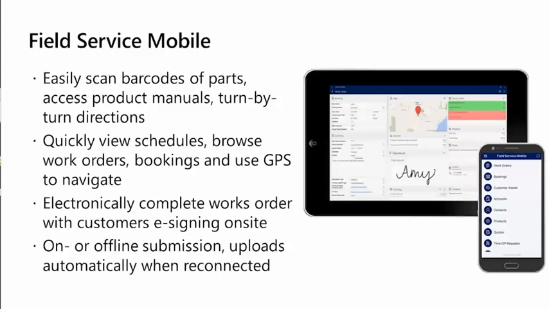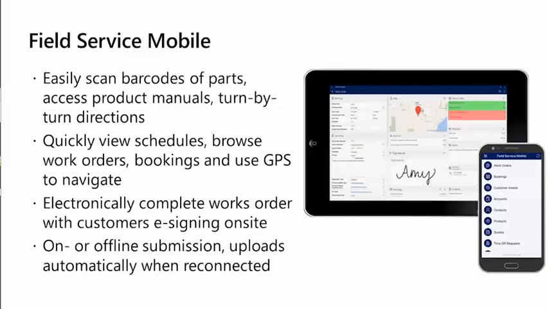But here's the key thing. You can do all of this work online or offline. And this really makes it easier for your techs to focus on what they're there for, is to make sure that they're delivering customer service and the customer's product is up and running quickly without any major interruptions.